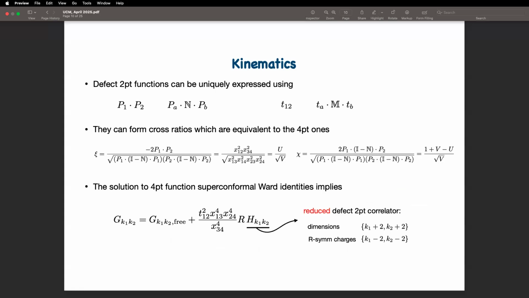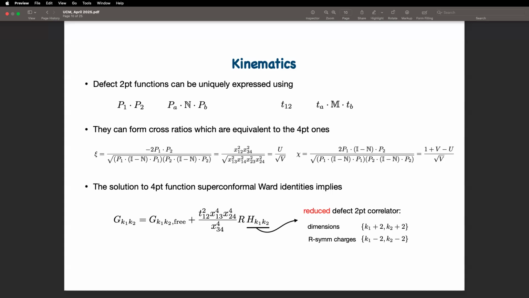The reason is that with two operators, we can write down more conformally invariant and R-symmetry invariant objects. For the conformal part, we can write down P1.P2, which essentially is just x12 squared. But you can also insert in between this projector N. And here, A and B can take the same or different values, it doesn't matter. And similarly for the R-symmetry part.